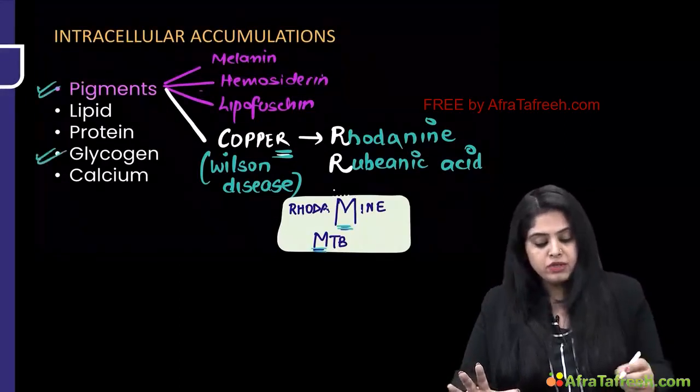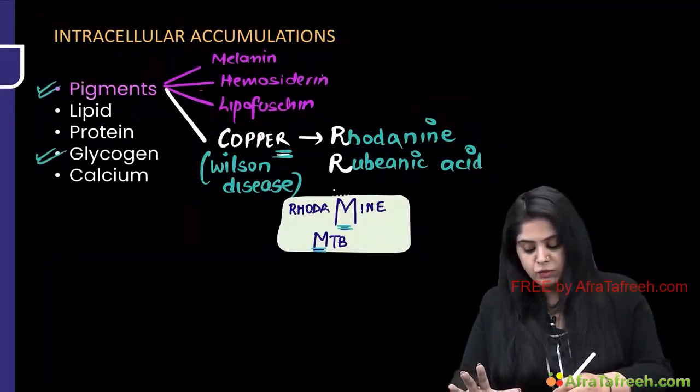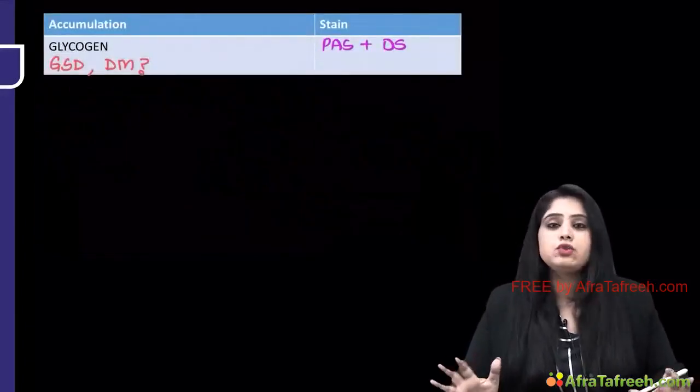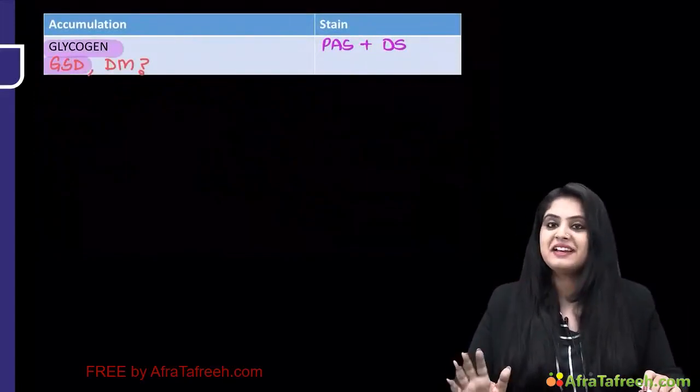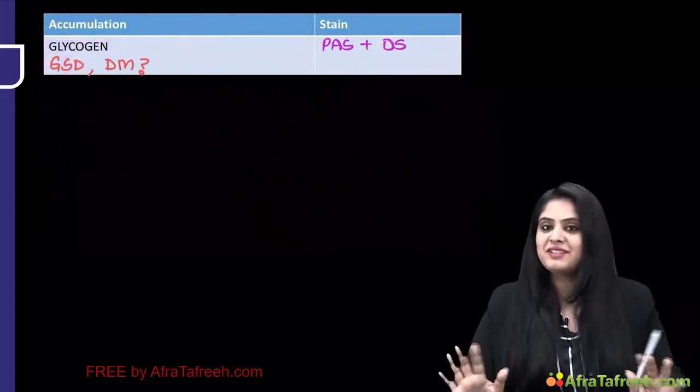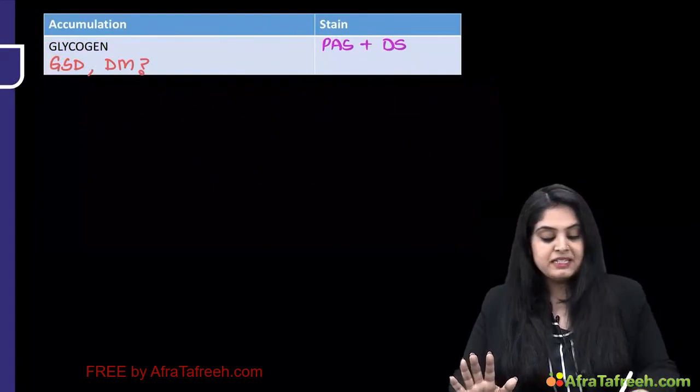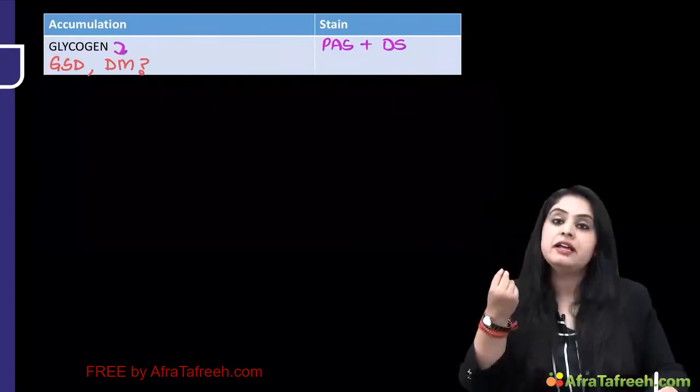Can we move forward? I'm going to jump on to glycogen. So tell me guys, what is the stain for glycogen, or where will you talk about glycogen? So remember, glycogen will be increased, common sense, in glycogen storage diseases, which no one will ask you such a common sense question. They will ask you where in diabetes is glycogen associated.